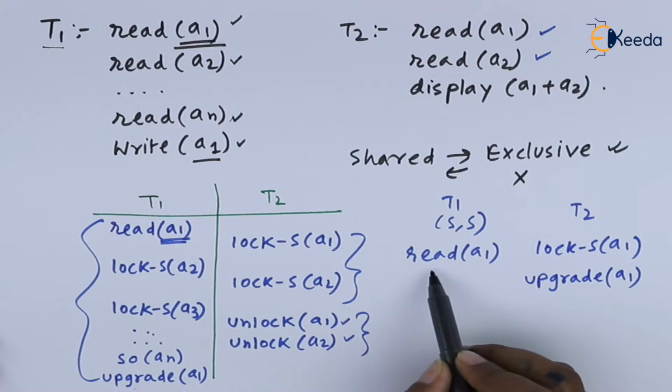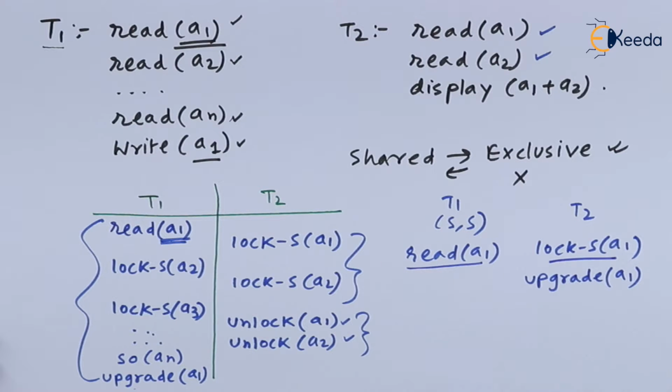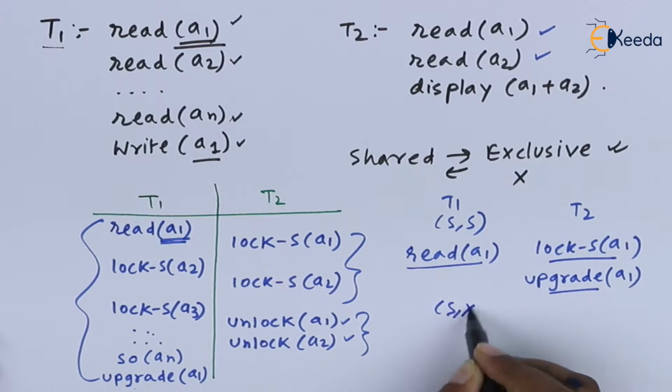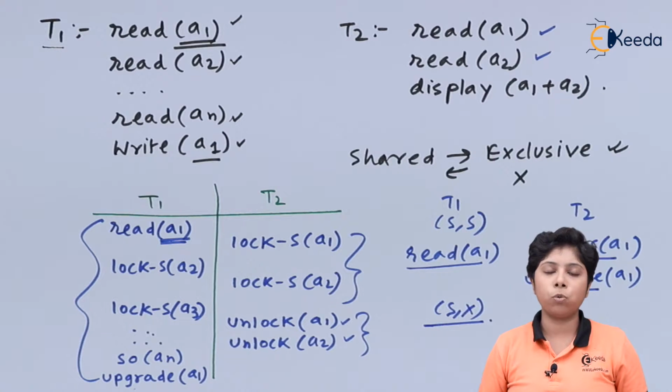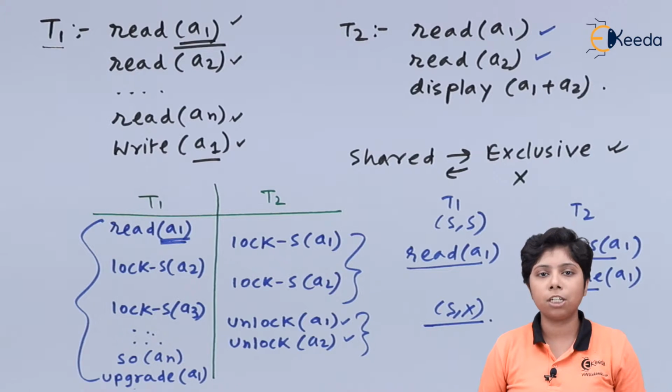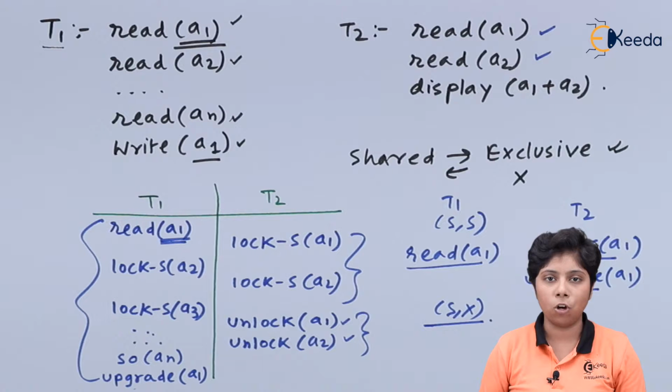So now my transactions T1 and T2 both have the shared lock and T2 requires the upgrade. This cannot happen because S and X are incompatible with each other. So if there is no lock acquired by another transaction, only then can one transaction upgrade its shared lock to the exclusive lock, and same with the downgradation.